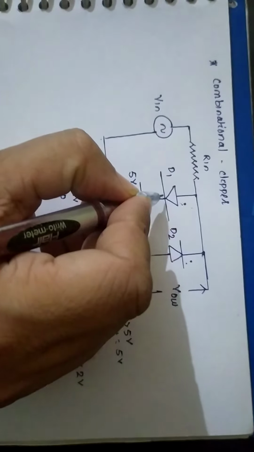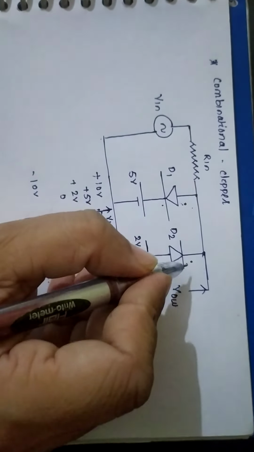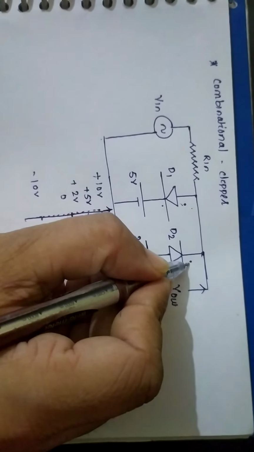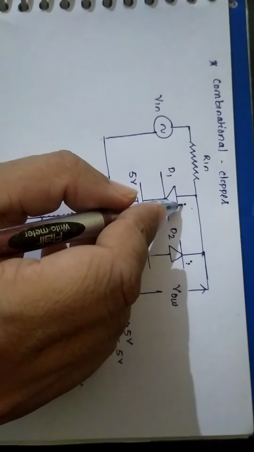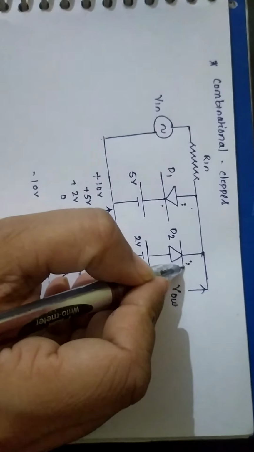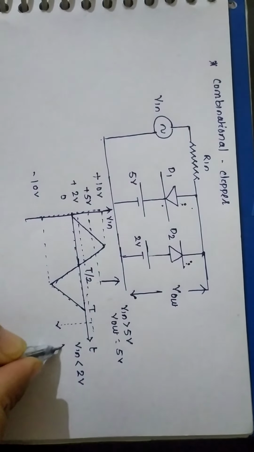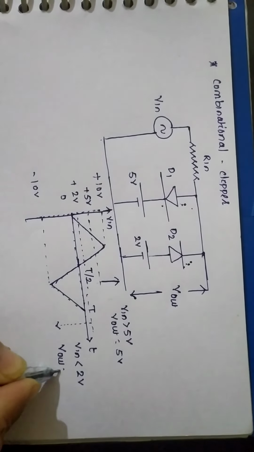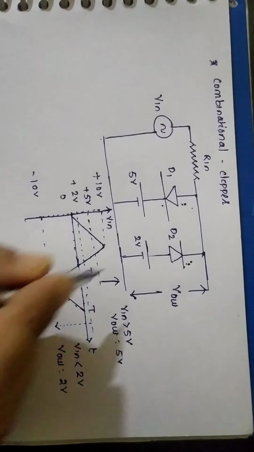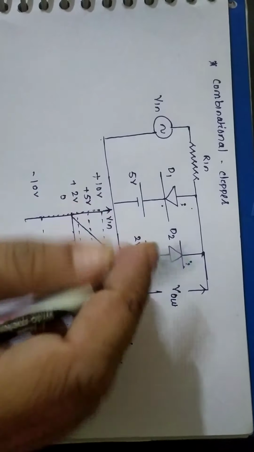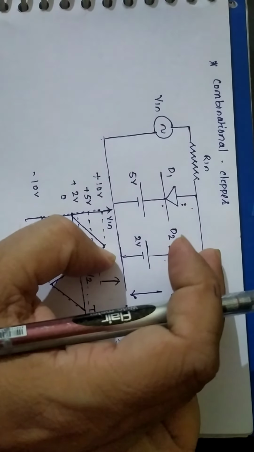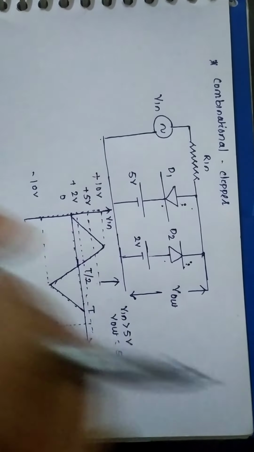So at 0 volt D1 is off, D2 is on. If I apply minus 2 volt, then also D1 is off, D2 is on, and output is nothing but equal to 2 volt, because we have to replace this by short circuit, this by open path, and the output is nothing but the voltage across this 2 volt.